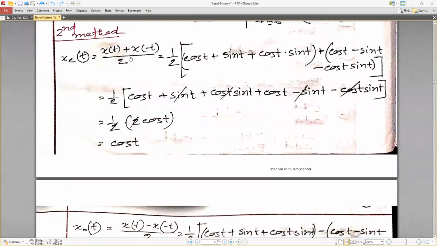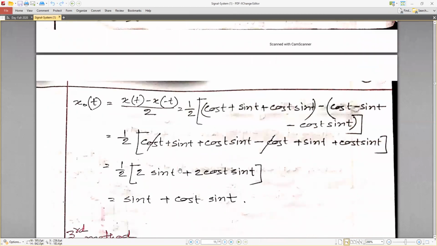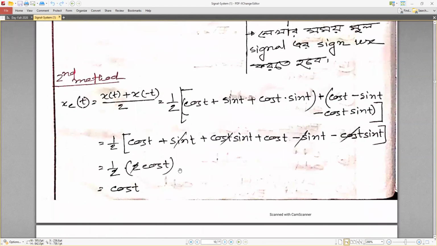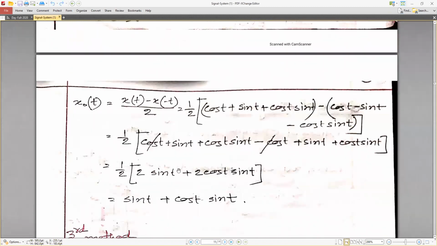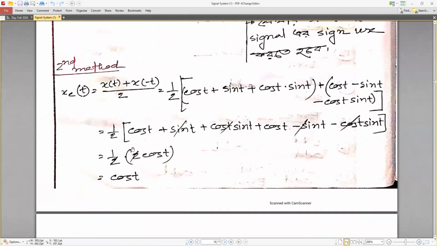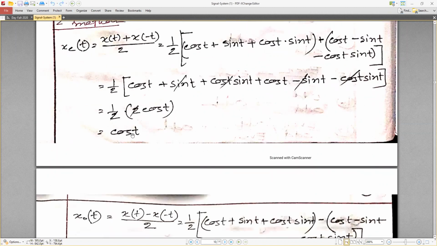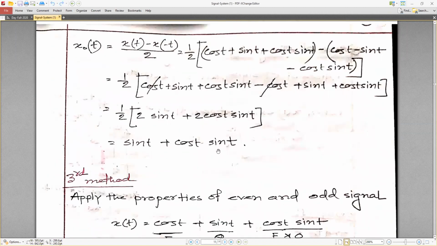I think you can follow the second method because in this method mathematically you find the even and odd signal. You do not need to think about anything else. Just remember this formula, put the equations according to the formula, and you will easily find the even signal and the odd signal.